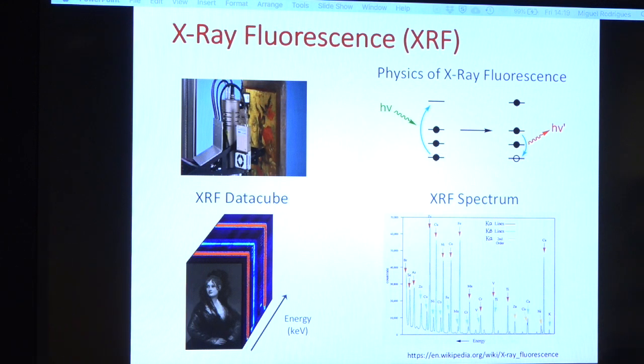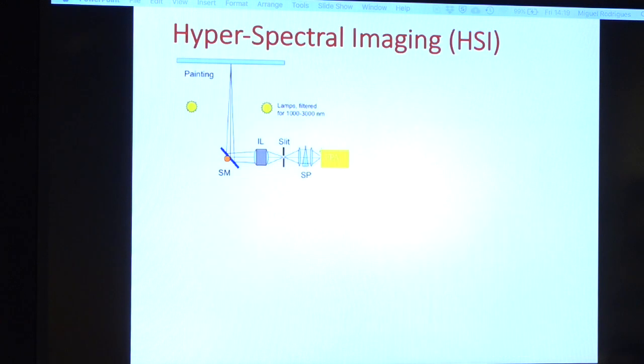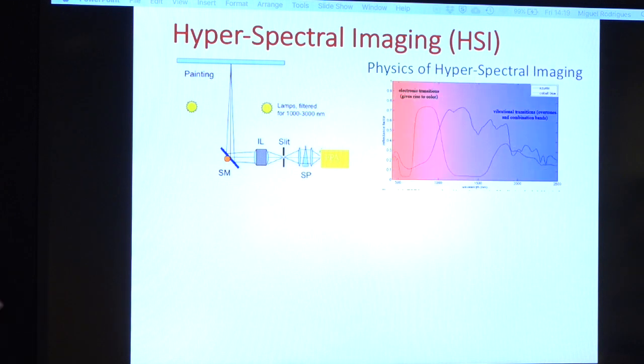carbon. Hyperspectral imaging, on the other hand, can reveal those particular elements. Whereas X-ray techniques understand the elements that are present within the different pixels of a painting, here we can understand the actual materials.